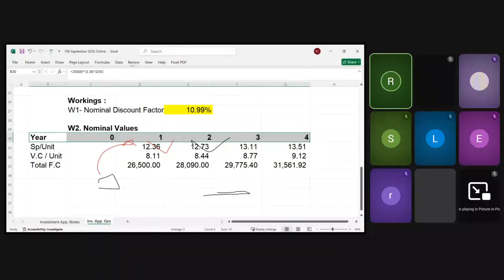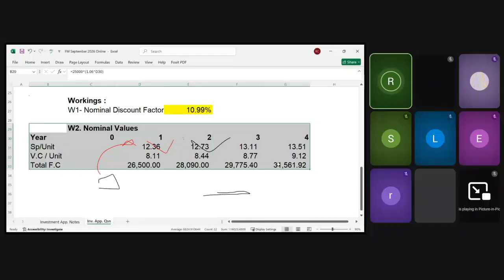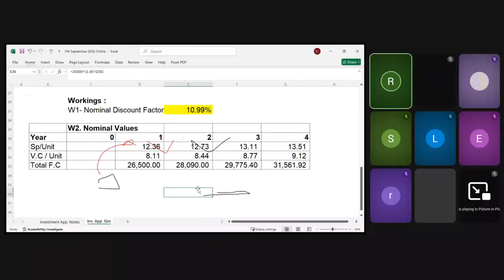Next working, I think we should now do our TAD. I'm going to present two methods of calculating NPV when we have tax allowable depreciation. Next item, let's have working 3, TAD. I'm going to have my years.